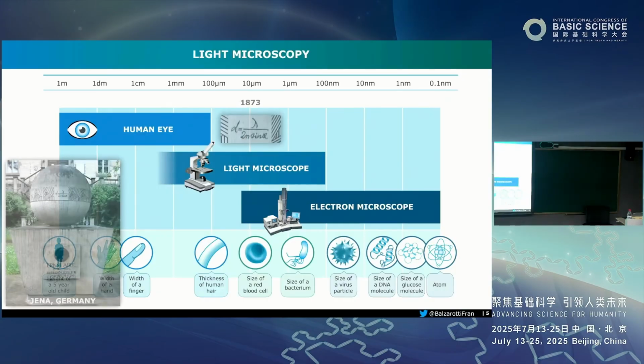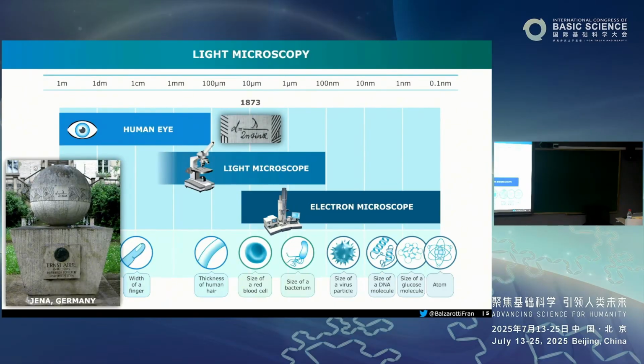And as a general situation of light microscopy, the human eye can see until the hundreds of microns. The light microscope has this limit in resolution associated to the diffraction of light, and this was described in the mid-19th century. Since the 70s, we have the electron microscope, with very powerful capabilities, reaching the sub-nanometer very comfortably.